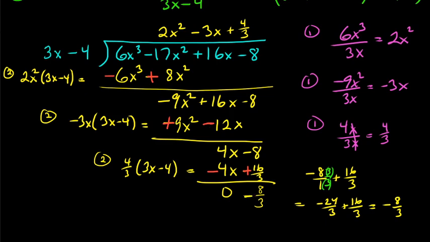And that's our remainder, right? So our final answer for this problem should be 2x squared minus 3x plus 4 over 3, that's our quotient, plus negative 8 over 3 divided by 3x minus 4.